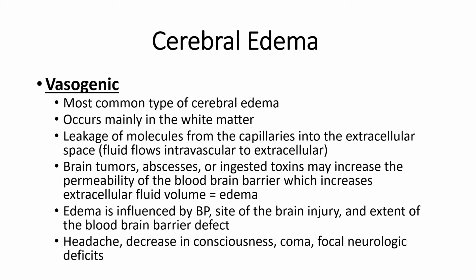Just like that same thought of the leaky capillaries with vasogenic, this can occur due to brain tumors, brain abscesses, and ingested toxins that can most certainly increase the permeability of the blood-brain barrier, leading to edema.